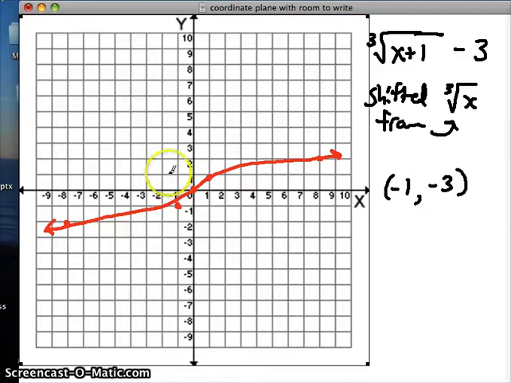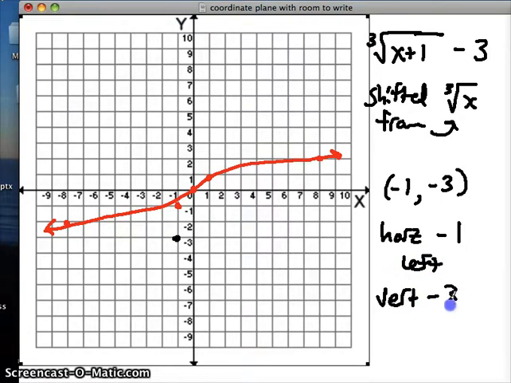So our center is at negative 1, negative 3. So it looks like a shift left 1, down 3. Well, that's what our h and k values are. So it's a horizontal shift of negative 1, or left 1 unit, and a vertical shift of negative 3, or down 3 units.